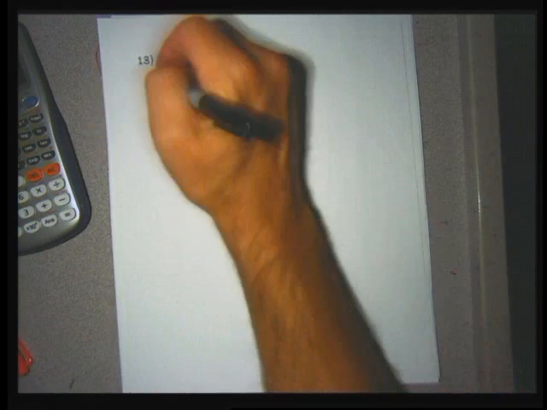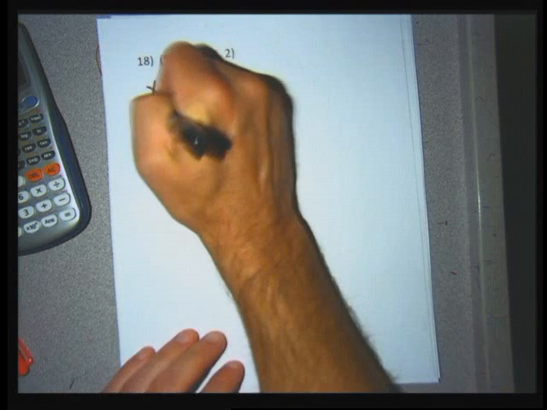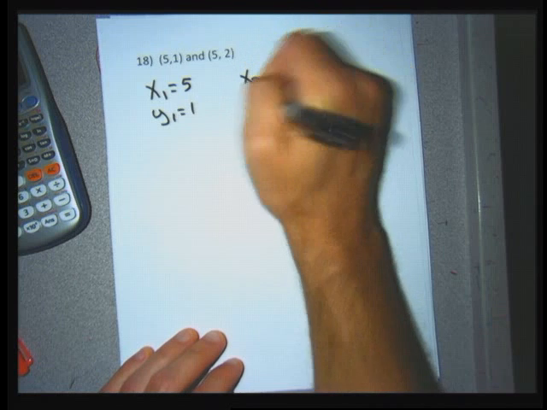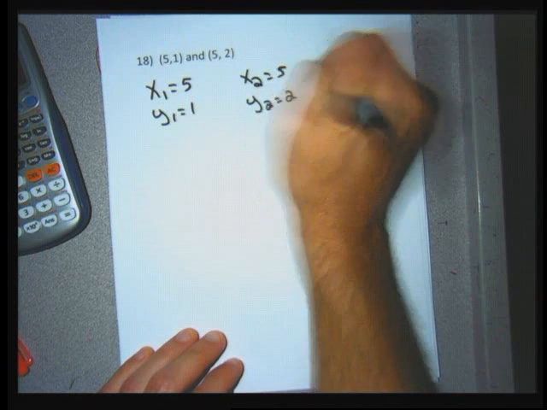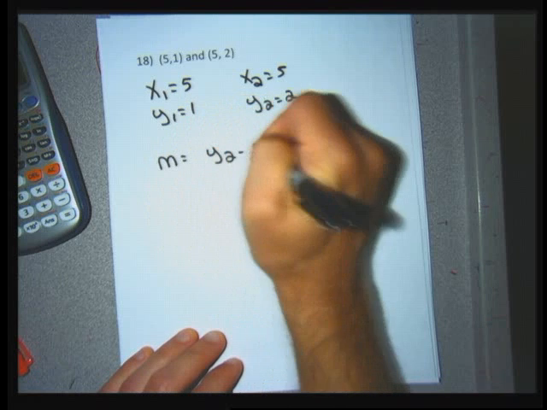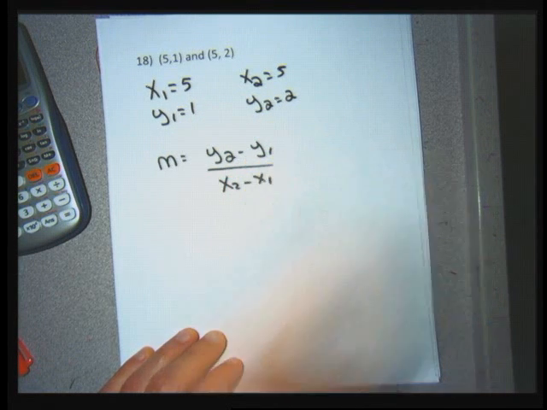So for problem 18 and problem 20, I'm asked to find the slope of the line. I need to have a value for x1, y1, x2, and y2. I'm going to use the slope formula, which is y2 minus y1 over x2 minus x1.